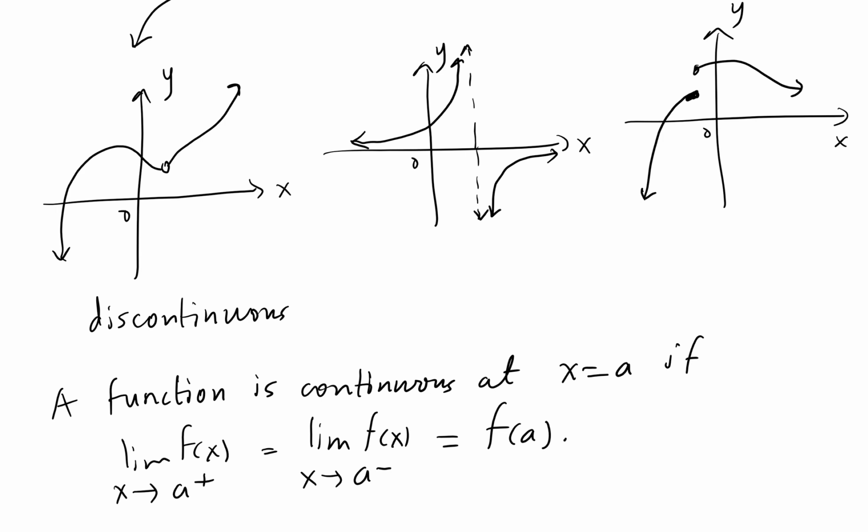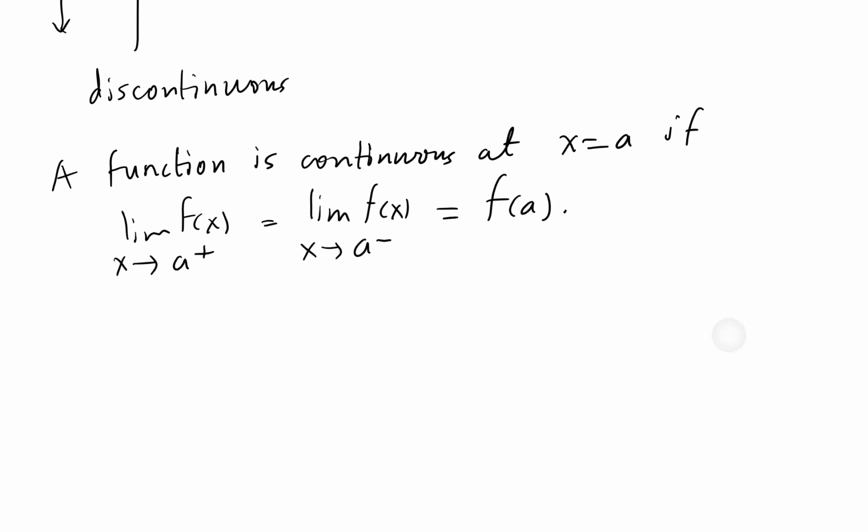If the function is continuous at every single point in its domain, then it's called continuous. So in order for a function to be continuous at a point a, this condition must be met.